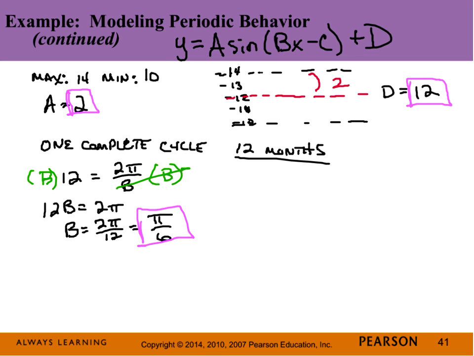C has to do with the phase shift, the left and right horizontal movement. They stated at this point of the PowerPoint that your starting point is March, and I don't know where in the problem it would clue you in to know that, but that's an X value of 3. Do either of you have any clue where you would get that your starting point is March so that you can figure out what your phase shift is?